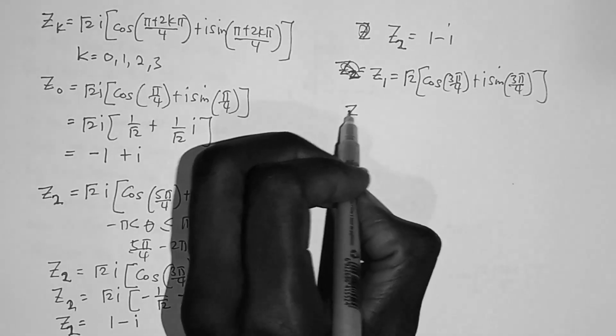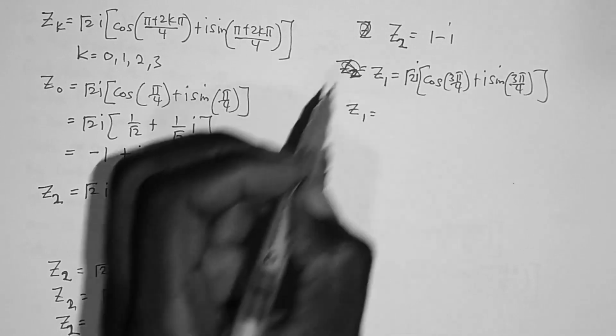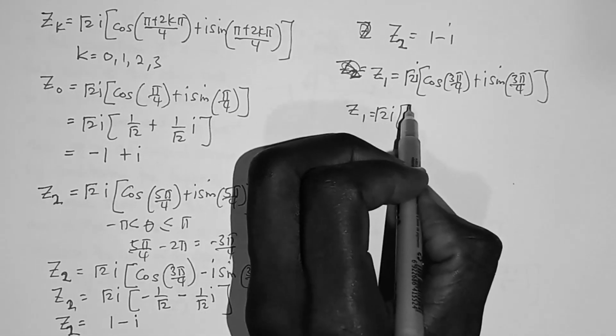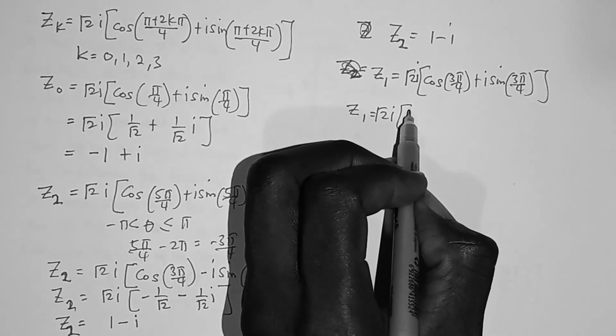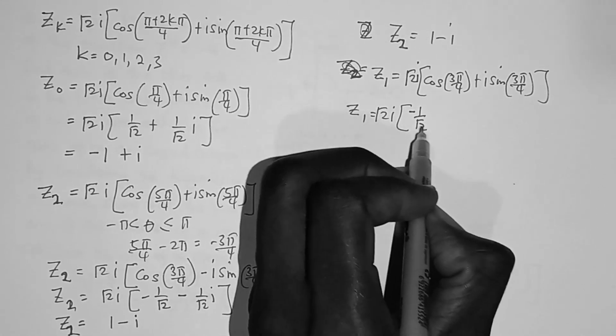So Z1 is equal to root 2, then in brackets cos 3 pi over 4 is minus 1 over root 2.